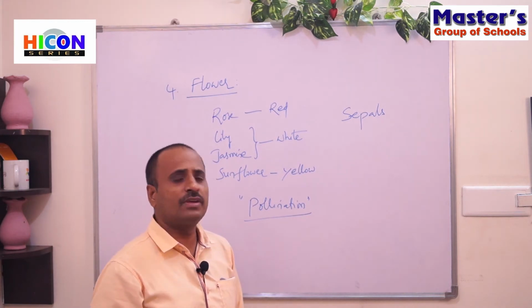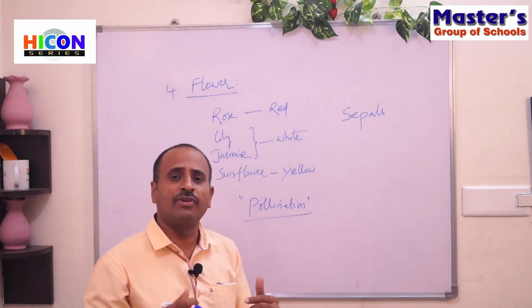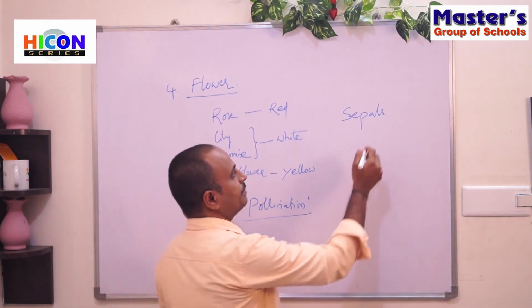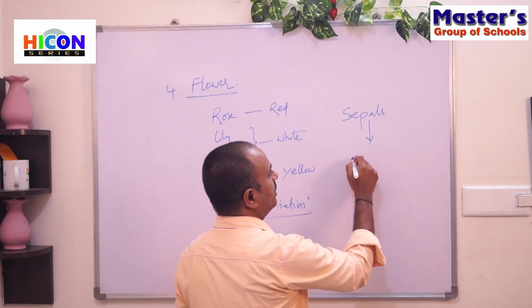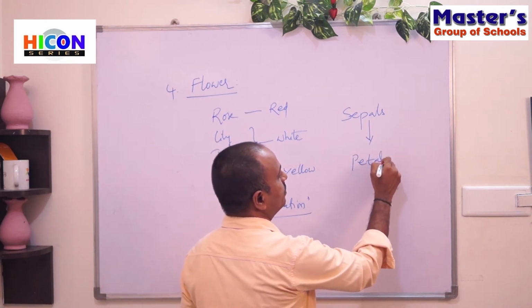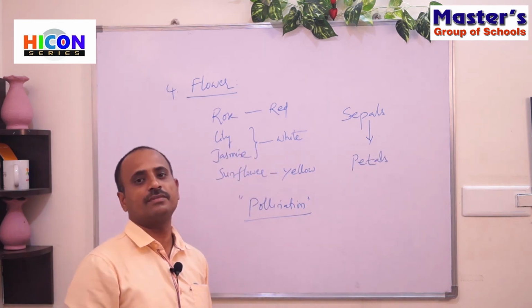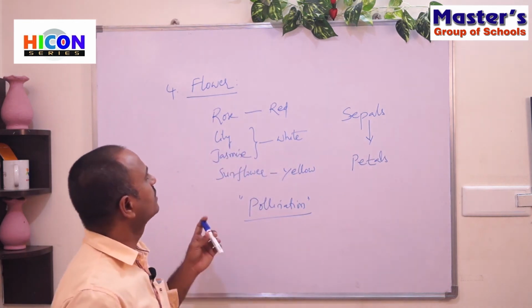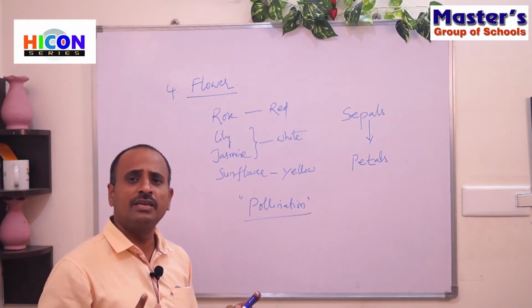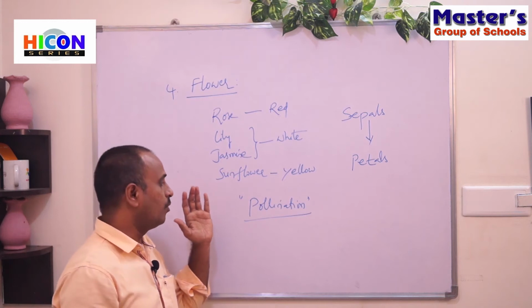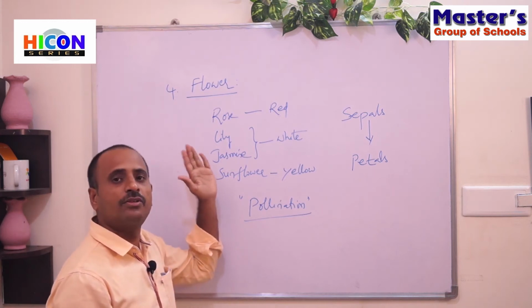After the bud has grown into a flower, the flower has petals. The petals are inside the sepals, and these petals are in different colors for different flowers. So children, this is about flowers. Reproduction and pollination take place in the part called flower.